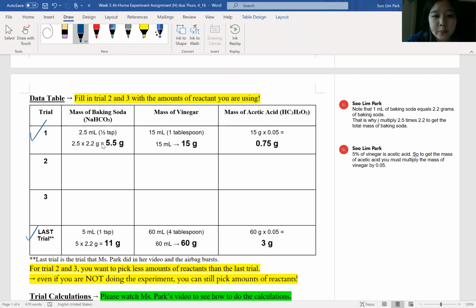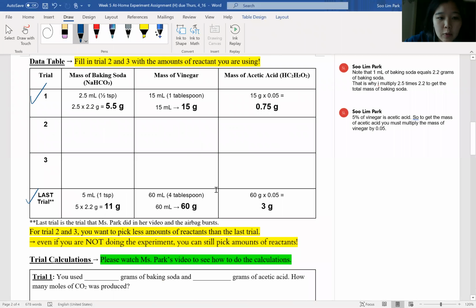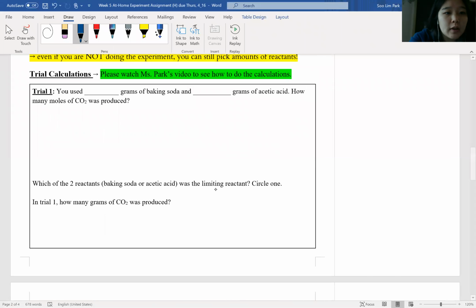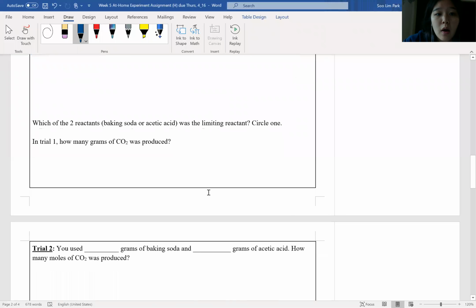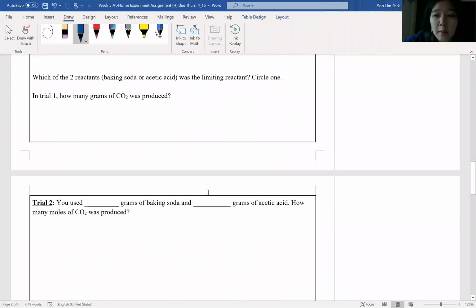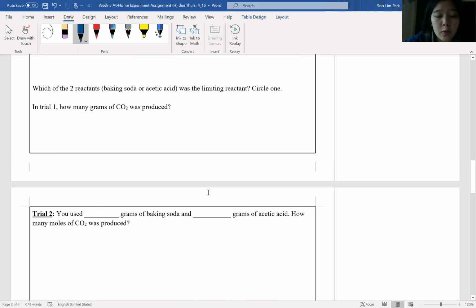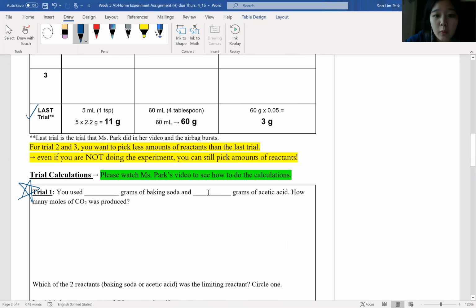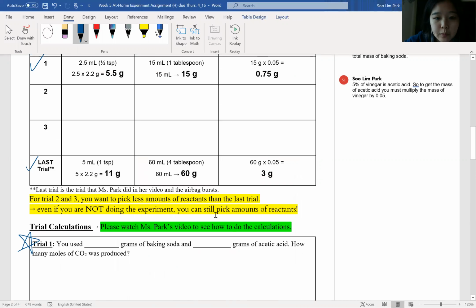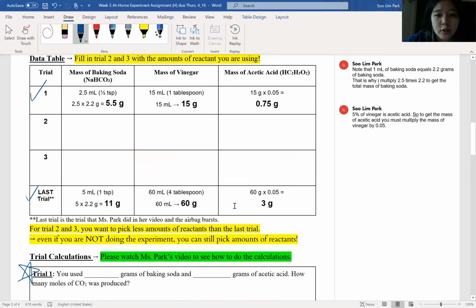So in terms of calculations, I'm going to go over trial one calculation in the hopes that you'll be able to do trial two and trial three calculations on your own once I go over trial one. So let's just review what we did for trial one.